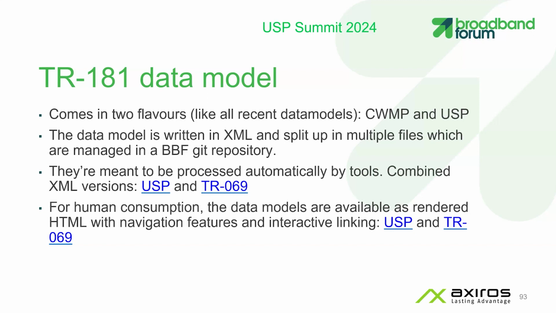So those XML files are not directly meant for consumption. This is really a format that allows us to automatically process them. As I said, we have the ability to validate them and run various checks on them. And also we are automatically generating a lot of, let's say, boilerplate information that you can read in the data model.